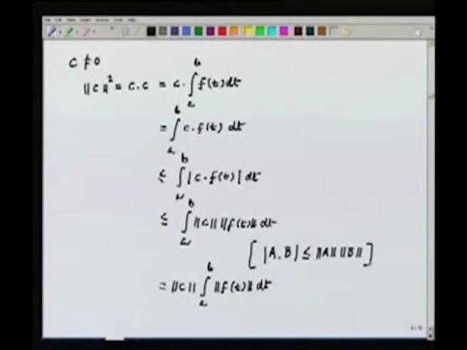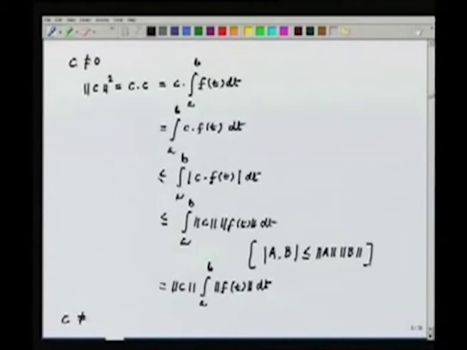Since I know that c is non-zero, that means norm c is strictly positive. c not equal to 0 implies norm of c is bigger than 0. That means I can cancel this norm c from both sides of the inequality because it is a positive number.